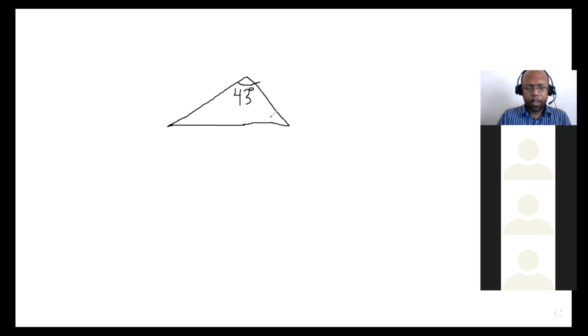This is angle X. This is B. This is C. And this is A. They didn't mark it, but that's A. This side is 2.3 centimeters. And this is 3.5 cm.